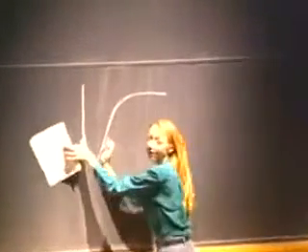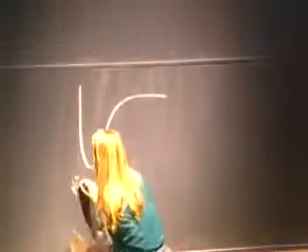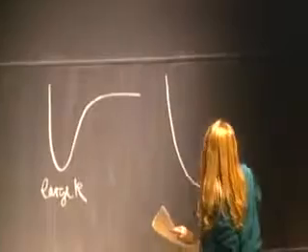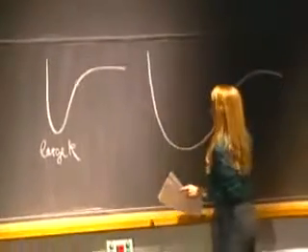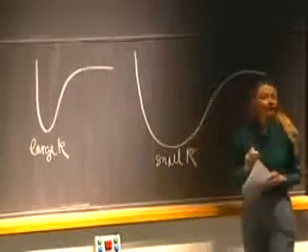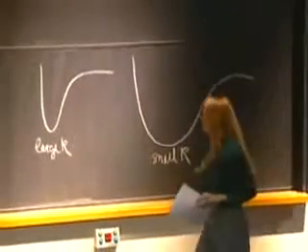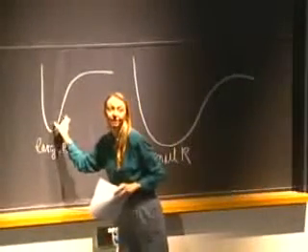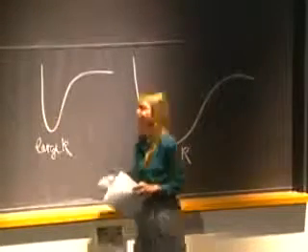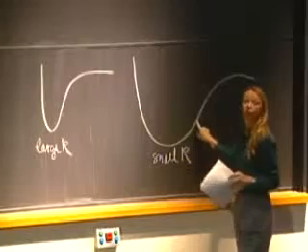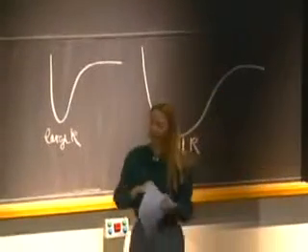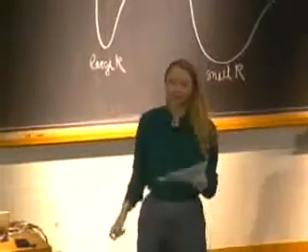If you have a very narrow width, this is a large K. If you have a very broad width here, this is a small K. All right? So K, the force constant, tells us about the shape of this well. Very narrow well, large K. Very broad well, small K. Okay?